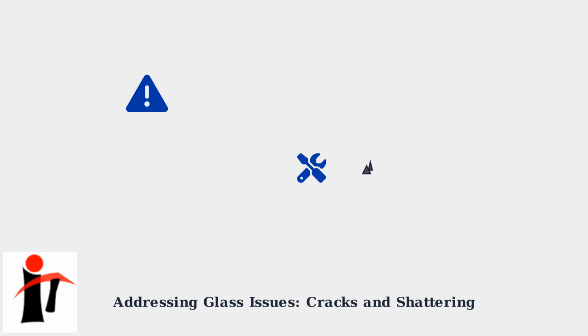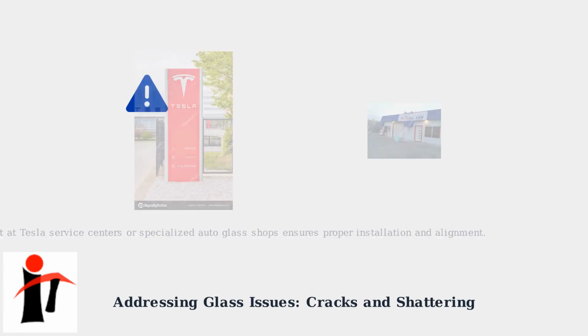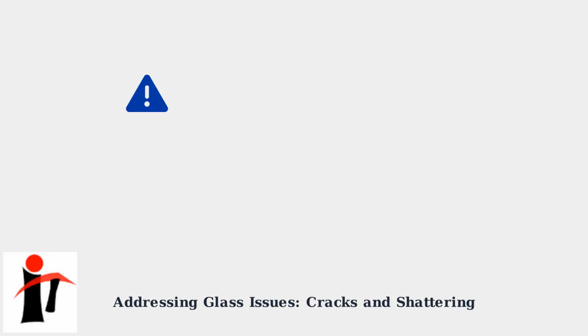If shards remain in the frame, carefully remove them using appropriate tools to avoid cuts or further damage to the vehicle frame. Wear protective gloves and work methodically to clear all fragments. Tesla service centers provide factory-trained technicians who can source and install genuine Tesla rear window glass, ensuring compatibility with the vehicle's systems. Alternatively, specialized auto glass shops offer cost-effective options with certified installers.